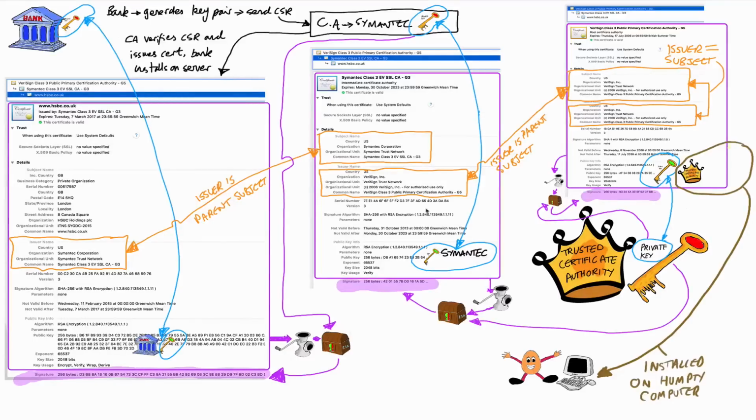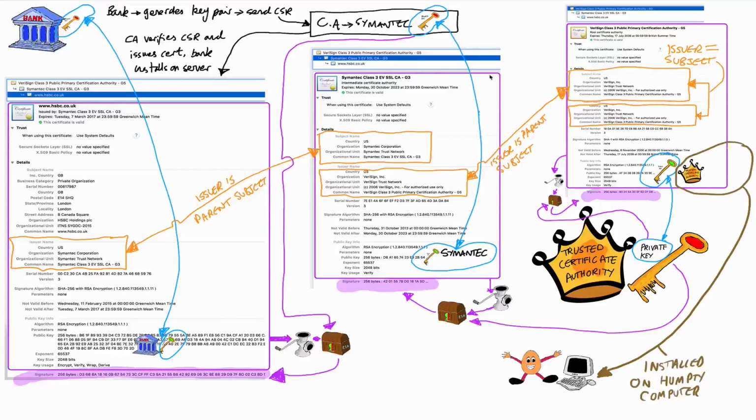The issuer is VeriSign. VeriSign create an SSL certificate for Symantec, hash the certificate they create and encrypt it with their own VeriSign private key. And that private key is super confidential, locked behind, it's like Fort Knox to get hold of these things. But that's what they would do.